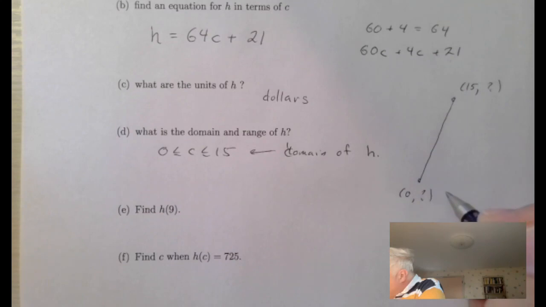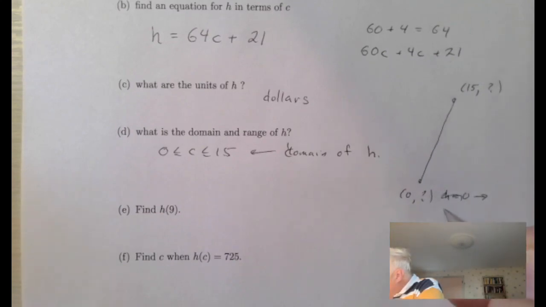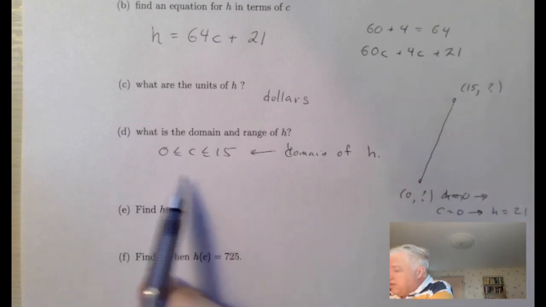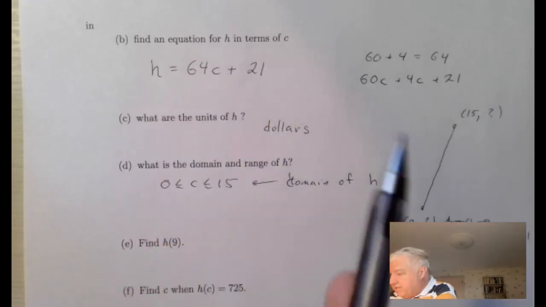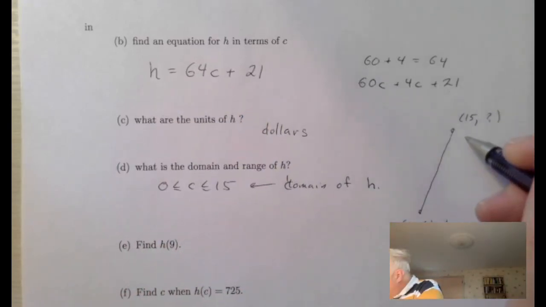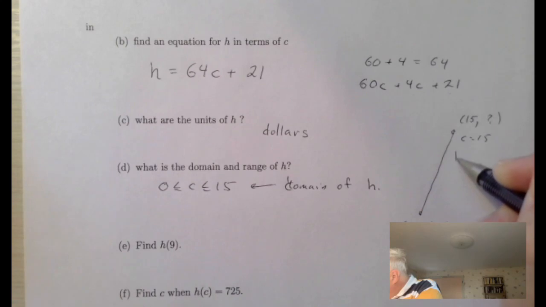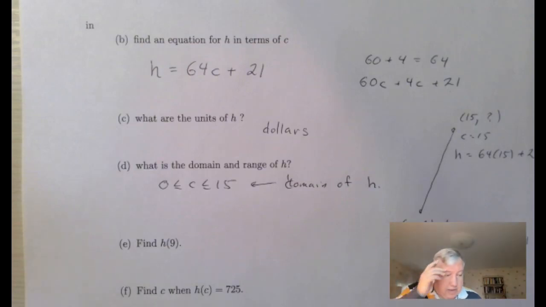And when C is 0, H is going to be 21, because that's from here, right? If C is 0, H is 21. And then if C is 15, H is going to be 64 times 15 plus 21. And this turns out to be 981.